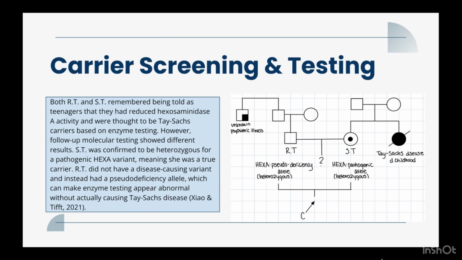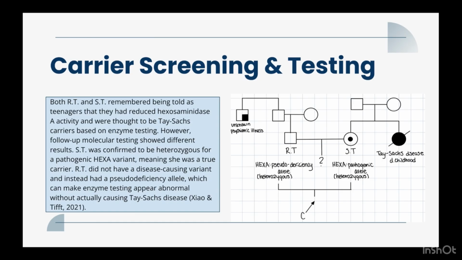They also reported that they were informed as teenagers that they have reduced hexosaminidase A activity. And this is important because they were thought to be Tay Sachs carriers because of this enzyme testing. However, they did go through with molecular testing, and this showed different results.